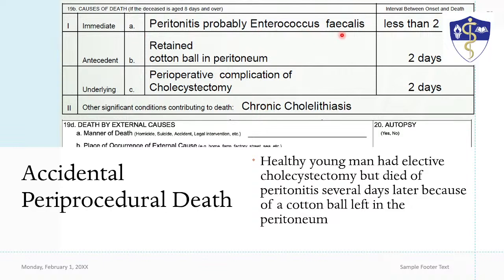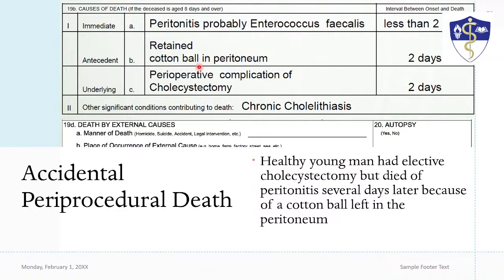Peritonitis, probably Enterococcus faecalis. Okay, so the word probably can be used. Peritonitis, probably Enterococcus faecalis. They probably had previously seen this Enterococcus faecalis. So less than 2 days, the patient developed peritonitis.